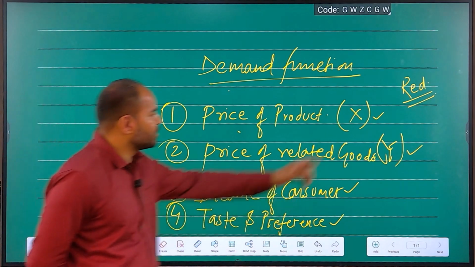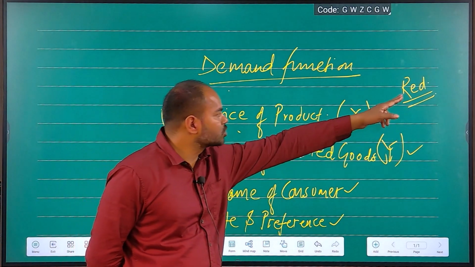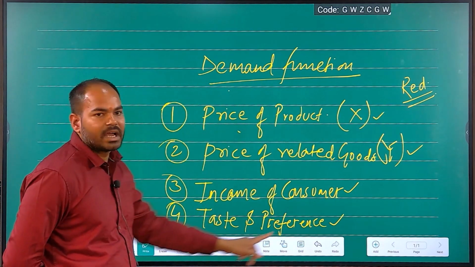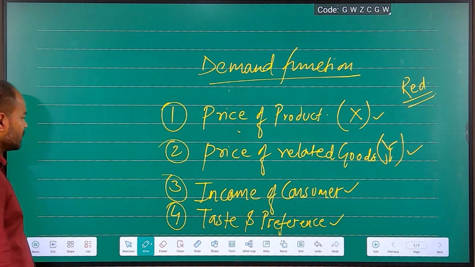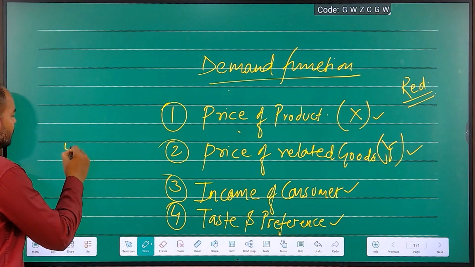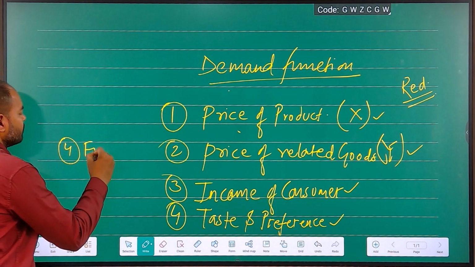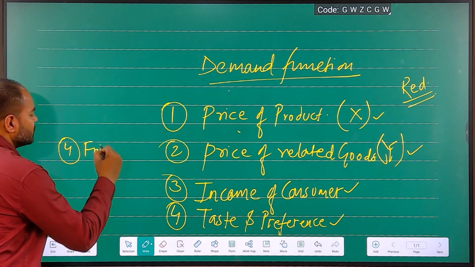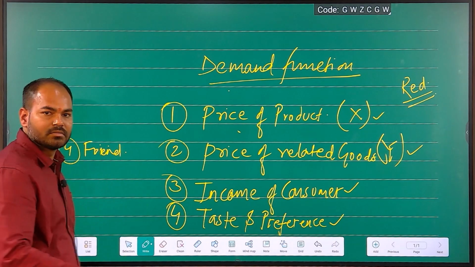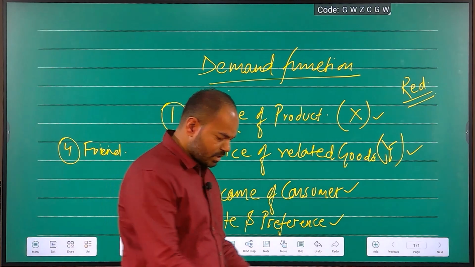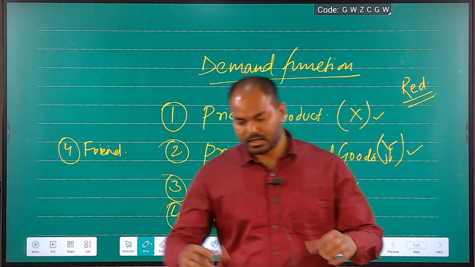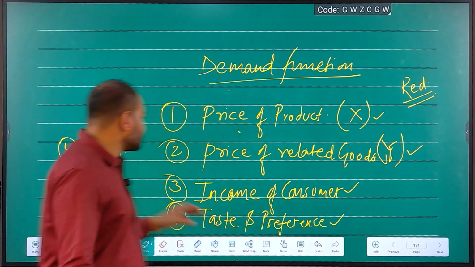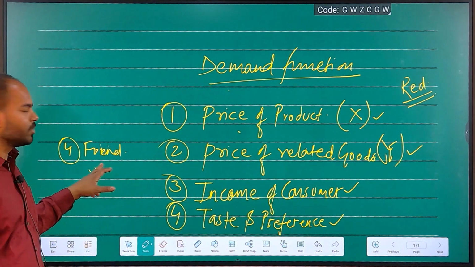So my mother's advice is one of the factors affecting my demand. My friends have said, please have these kinds of accessories also in your motorcycle: a stylish silencer, a stylish handle, and a backlight. So my friends' advice on accessories is also an important one.